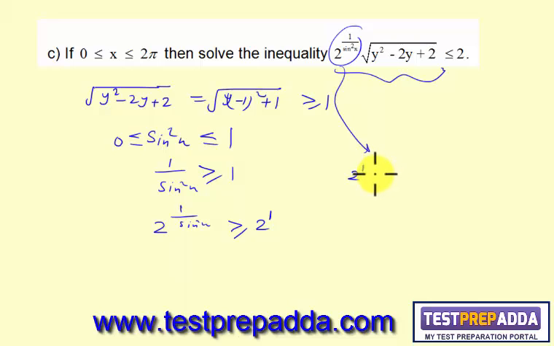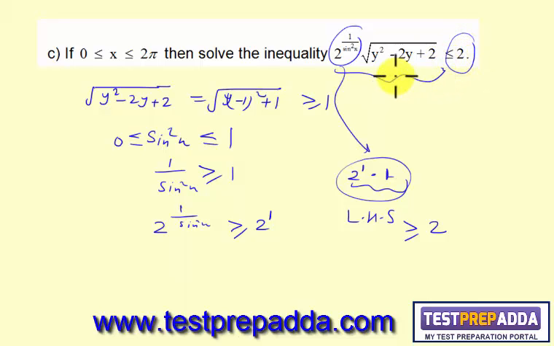This part says greater than or equal to 1. So obviously the LHS must be greater than or equal to 2. But if you look at the RHS part, it is given that it is less than or equal to 2.